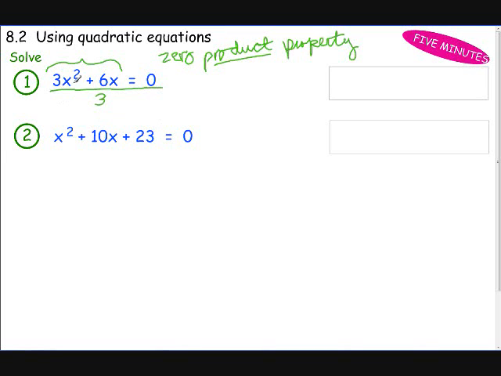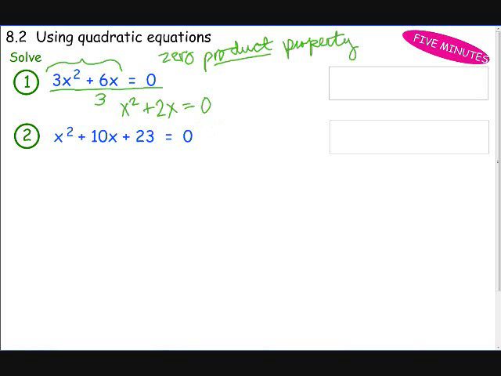I could see that we've got a common factor here. When I divide 3 by 3, I get 1, so then I'll have x squared. I divide 6 by 3, and I have a plus 2. And I divide 0 by 3, and I have still 0. So that works nicely, doesn't it?